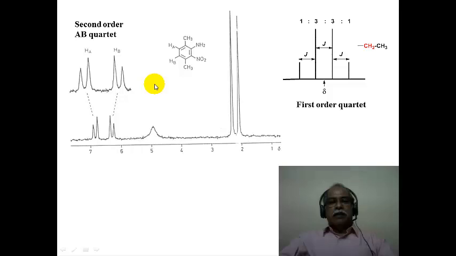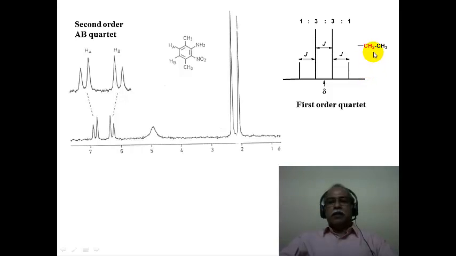This is a very characteristic feature of the second order effect. For comparison's sake, a true first order quartet is shown here, and this would correspond to something like a CH2 group of an ethyl group, where you have a CH2 CH3 group, where CH2 is typically attached to a heteroatom like an oxygen or nitrogen, for example.